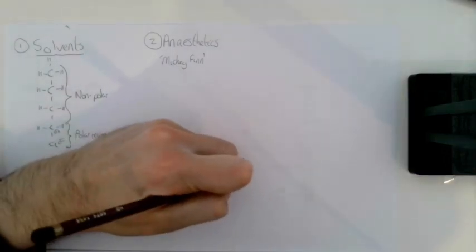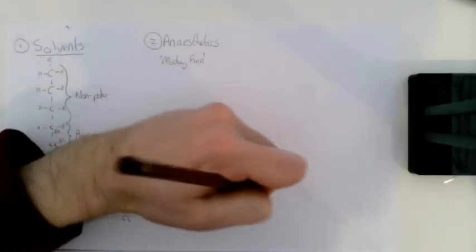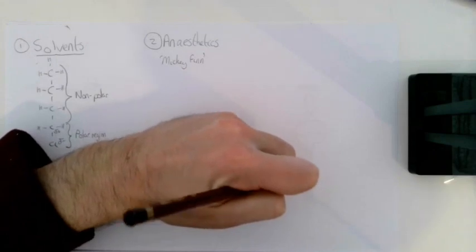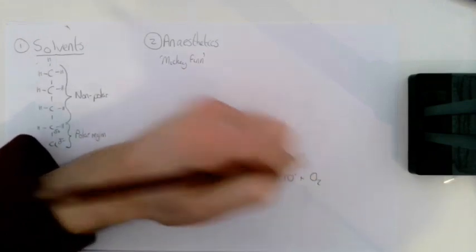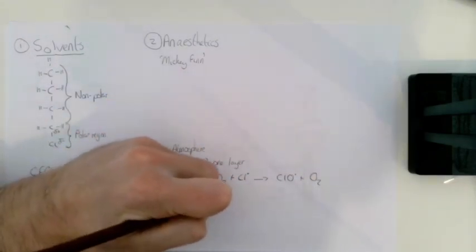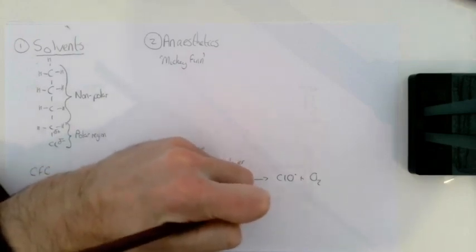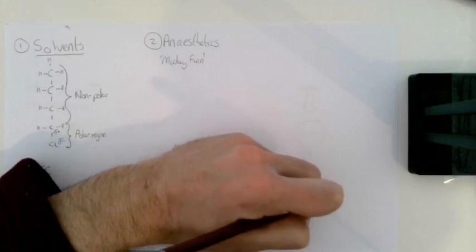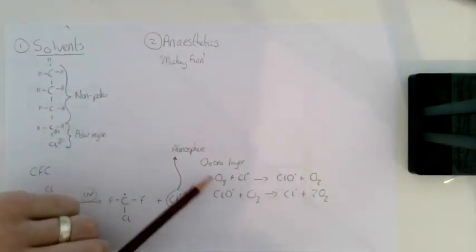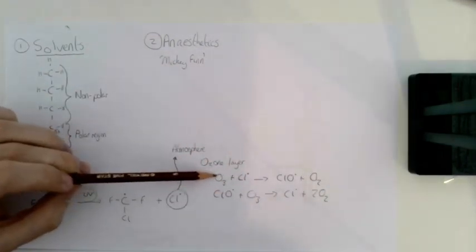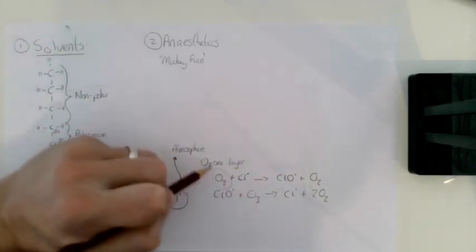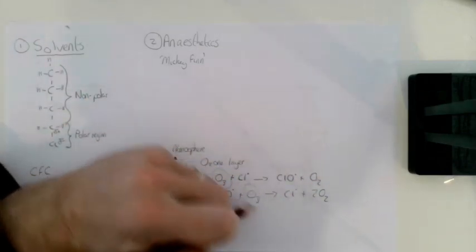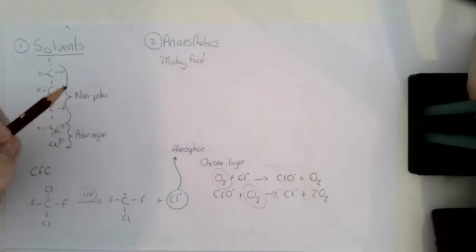The radicals react with ozone this way. And you can see in these steps that this ozone is being broken down, so it's lost, and in this step again it is lost.